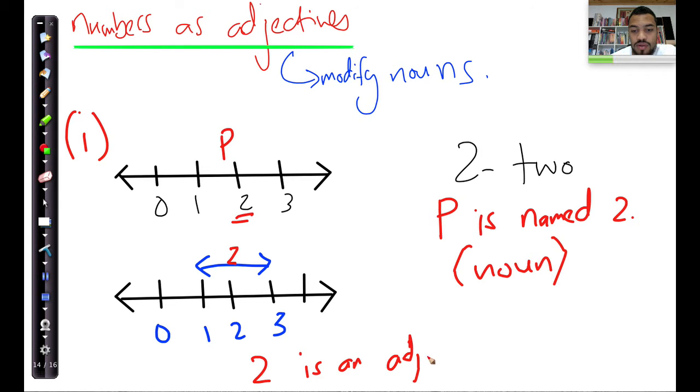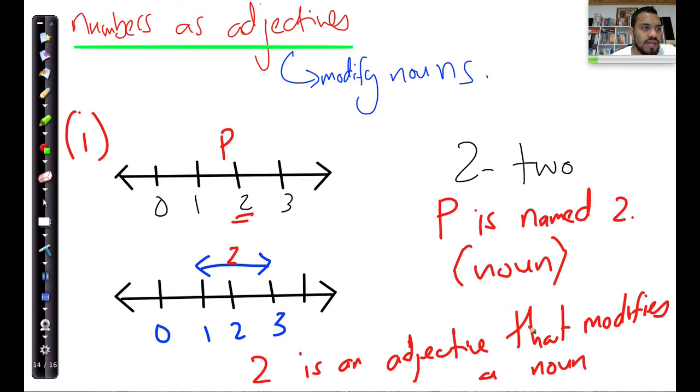We can say that 2 is an adjective that modifies a noun. Okay? It modifies a noun. And what is the noun that it is modifying? If we want to be very specific, it's modifying a distance between, call that point P and that point Q, between P and Q. So here you can see that this is the way that most people use it.